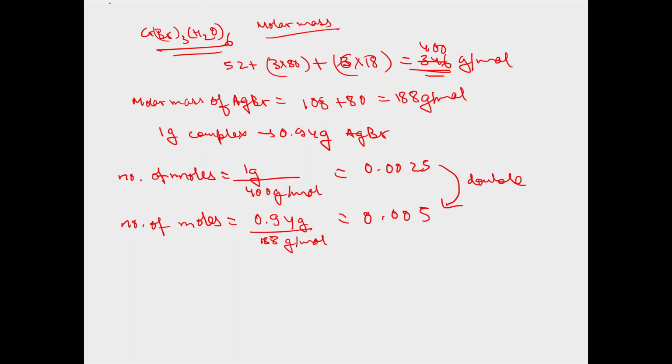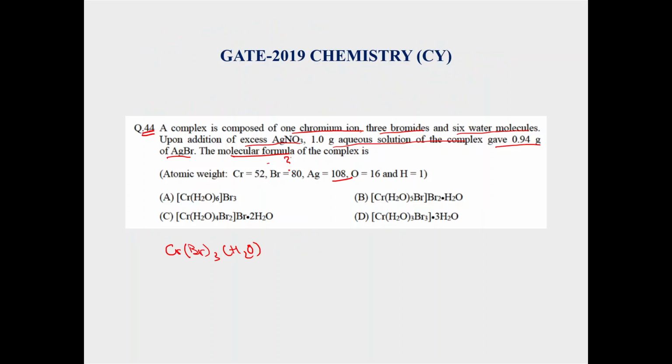Now in this complex, we can see that 3 bromines are present. We know that if bromine is present outside the coordination sphere, then only it can react with AgNO3 and give AgBr. If the bromine is present inside the coordination sphere, then it can't react with AgNO3 and AgBr will not be precipitated out.